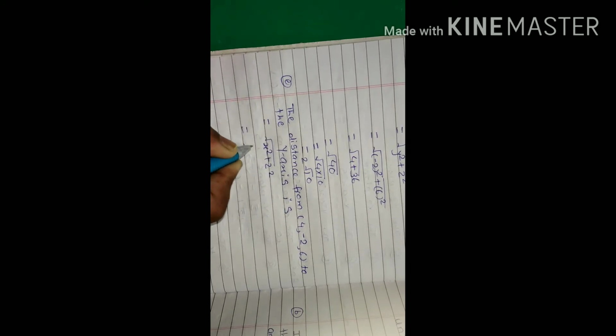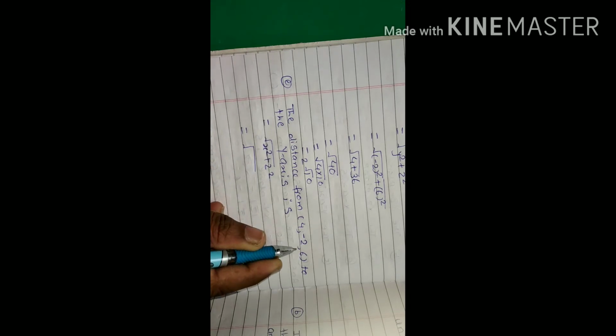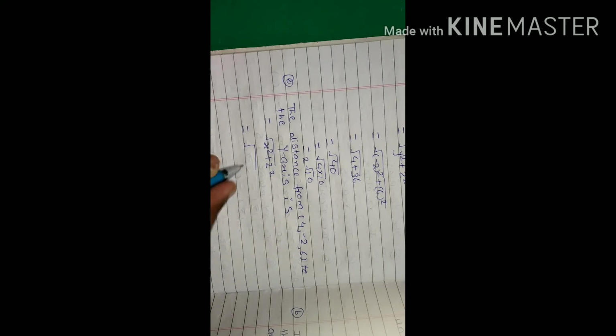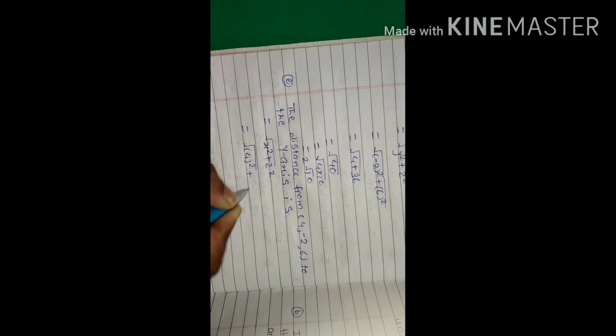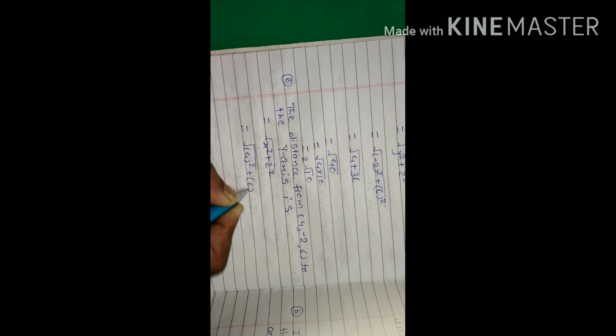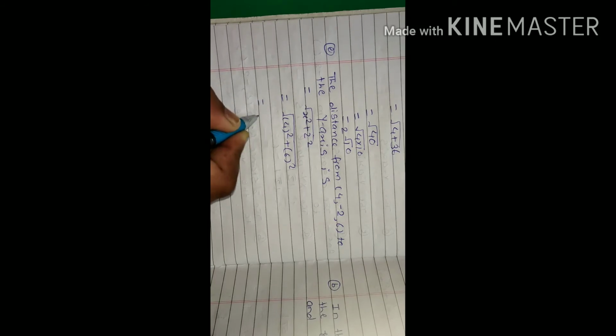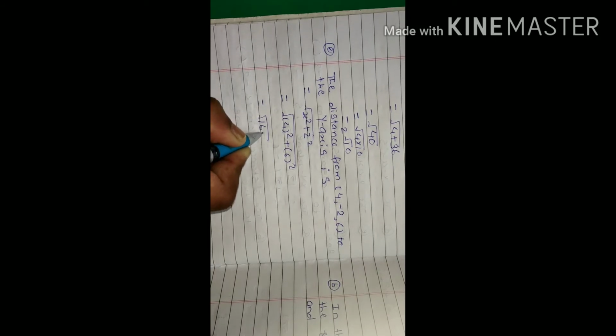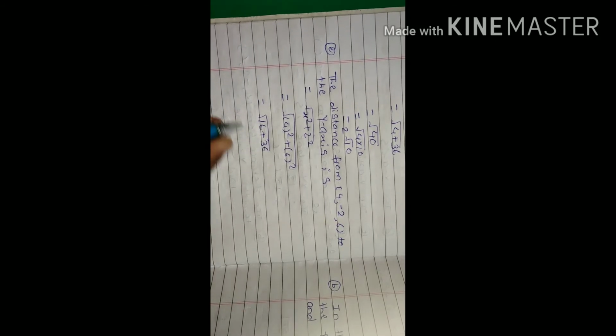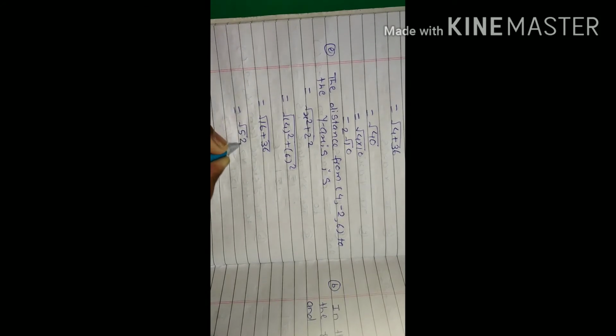Putting x is 4 and z is 6, that is 4 square plus 6 square, equal to under root 16 plus 36, which is under root 52.